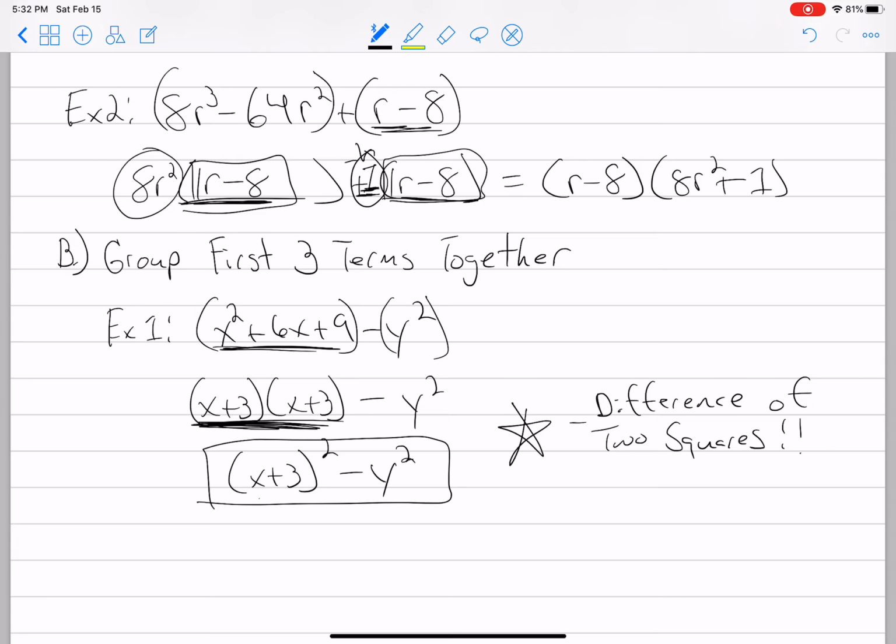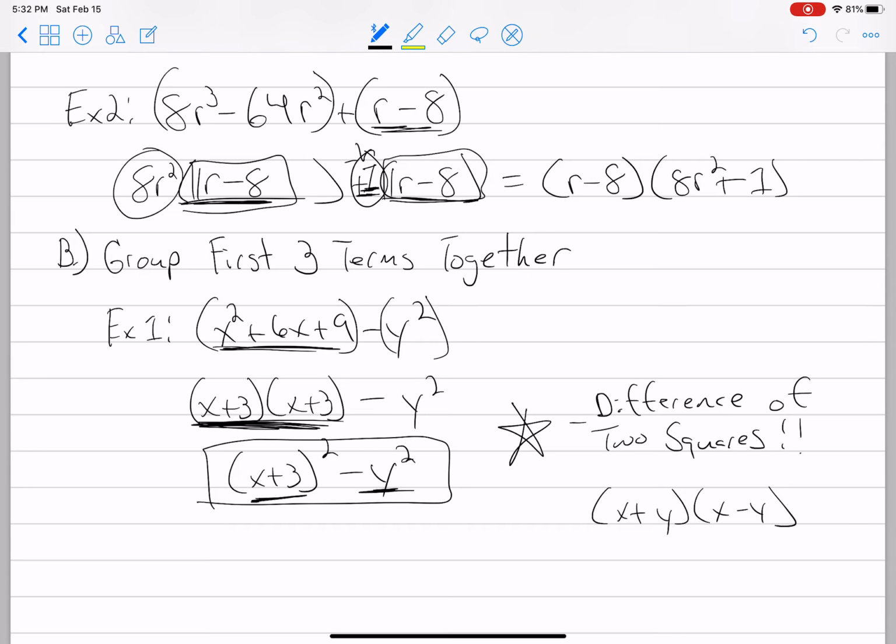Okay, and that's one of those ones that I have to know. And remember, because this is a perfect square and this is a perfect square, the difference of two squares always becomes x plus a times x minus a. All right, that's silly. I shouldn't have written it a. Let's change that. x plus y times x minus y.